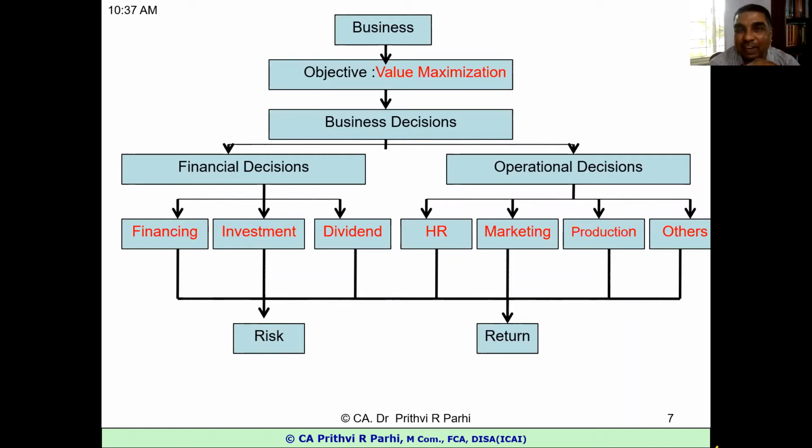So 10 lakh is the value we are adding to the business. Are you understanding this example? So this cost-benefit comparison, cost-benefit analysis, is essential for all these kinds of business. Yes or no?